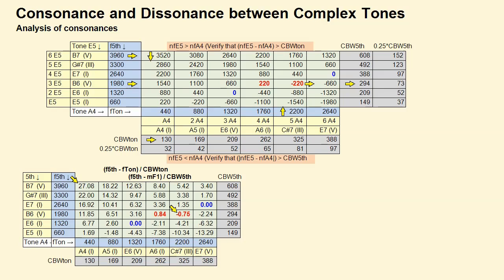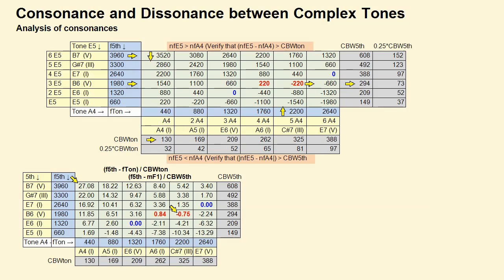For the B7 and A4 pair, there is a frequency difference of 3520 Hz and a critical bandwidth of 130 Hz, corresponding to the A4, lower frequency, at the bottom of the difference table. The ratio between these values is given by the value 27.08 indicated in the bandwidth fraction table.